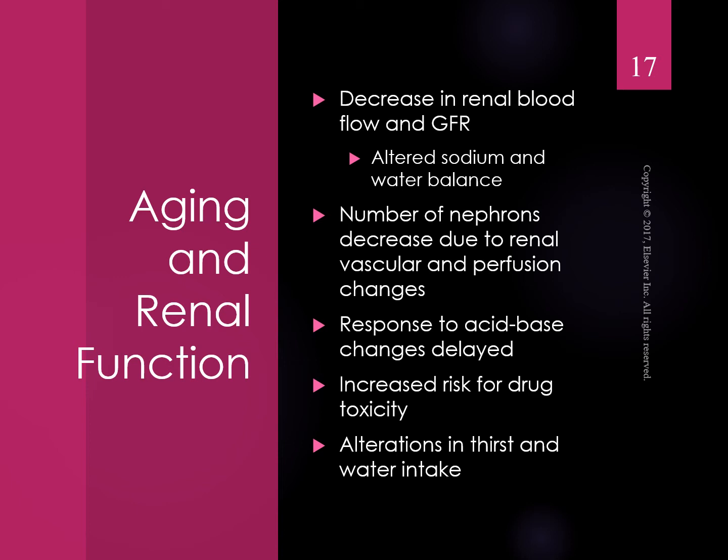So we start to see a decrease in renal blood flow and GFR. We're going to see alterations of sodium and water balance, a decrease in the number of nephrons due to renal, vascular, and perfusion changes. We're going to see responses to acid-base changes delayed. We're going to see an increased risk for drug toxicity, and we're going to see alterations in thirst and water intake.